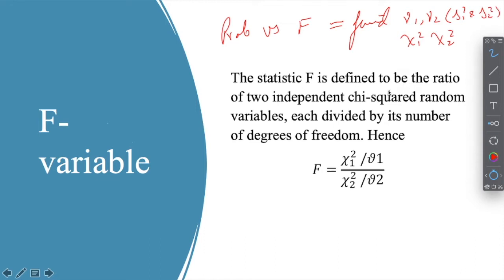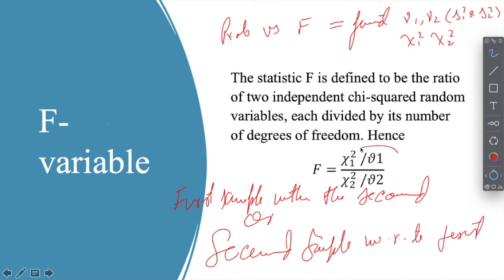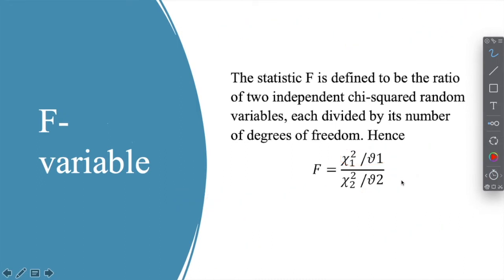Here the sequence is important, whether you are comparing the first sample with the second one, or the second sample with respect to the first one. The sample which is being compared is the numerator with respect to the other one, which is the denominator. This is very important, because otherwise the ratio will be reversed and the value will be the inverse of the first comparison. So the sequence is very important.